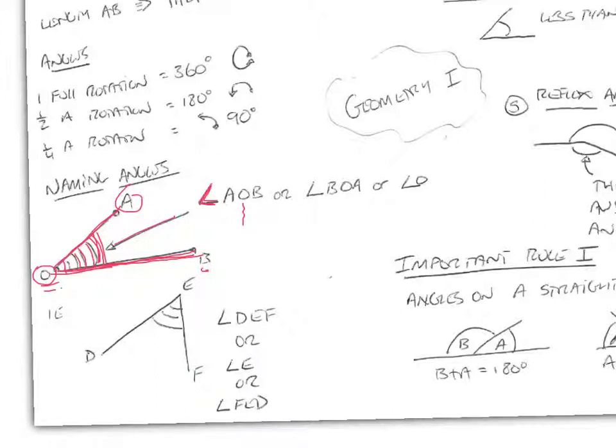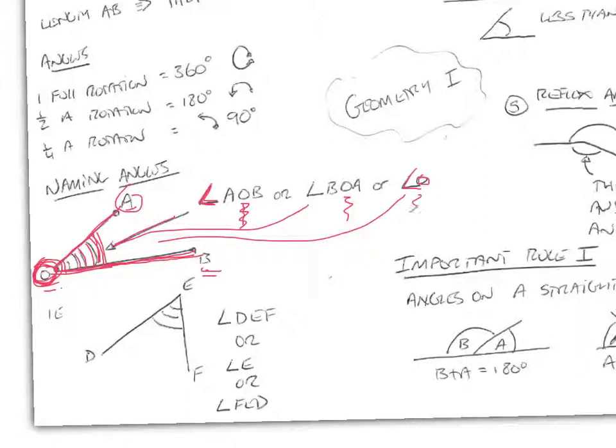Or we can also say that this angle is the angle BOA. So it's the middle letter that tells us where the angle is sited. Or we could use a third way, where we refer to the angle as being the angle at O, which is here.